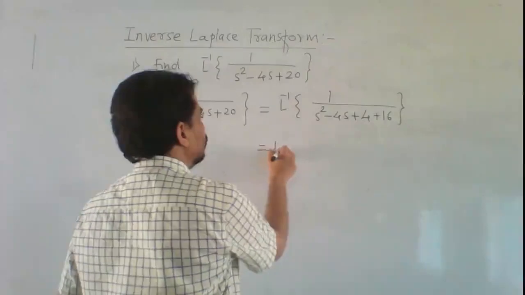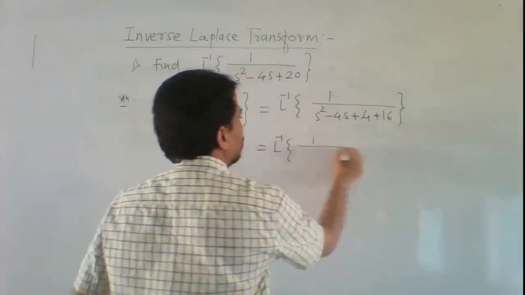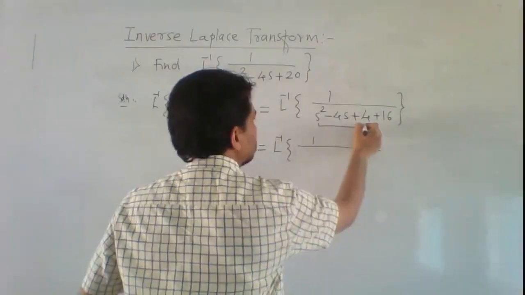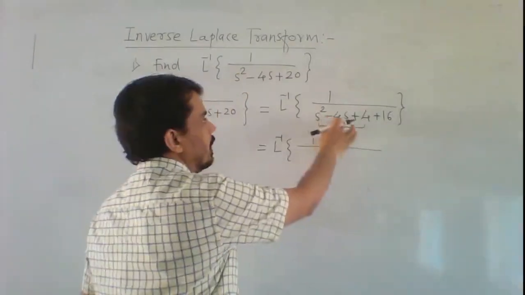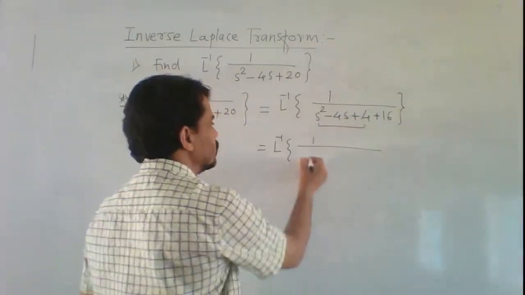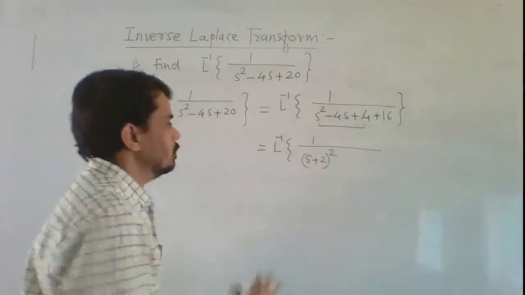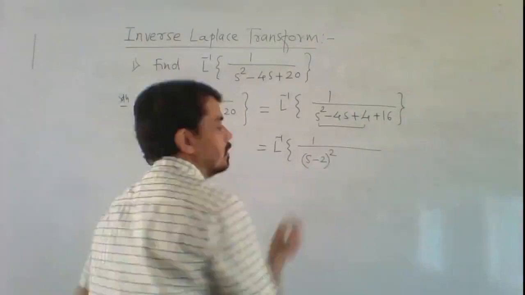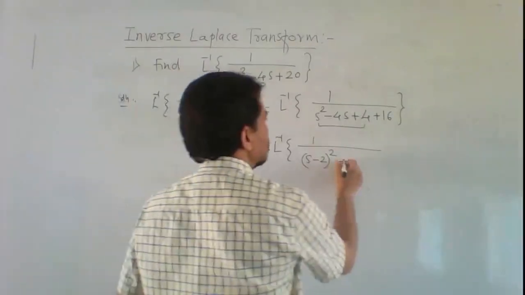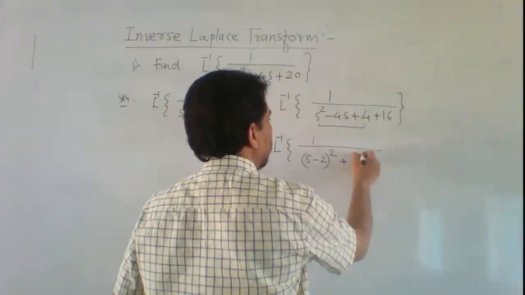This is equal to L inverse of 1 upon, considering the first three terms, s square minus 4s plus 4 is the square of s minus 2, whole square, plus 16 is the square of 4.